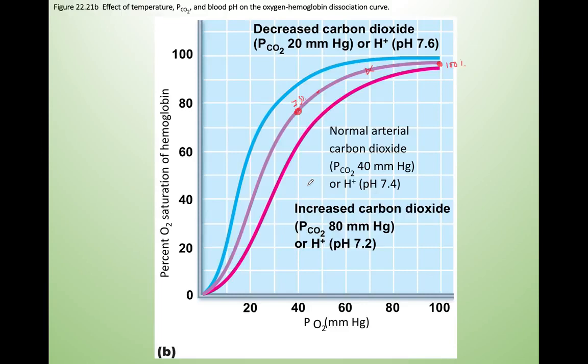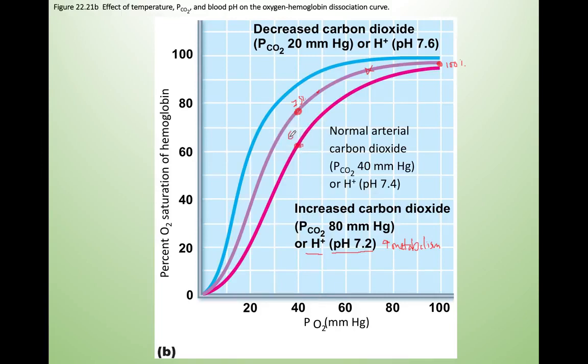So let's take a look at this. This graph right here is an increase in carbon dioxide, which is the same thing as having high concentration of hydrogen ion, which is the same thing as your pH being low, and that also means high metabolism. So at 40, under normal condition, I'm about 75% saturated. But here at 40, what's my saturation?